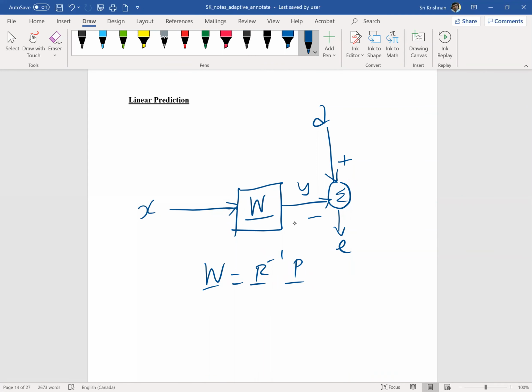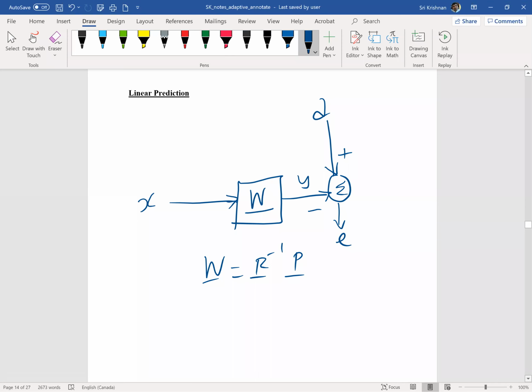One example we saw was removing the mother's ECG from the fetal ECG, which could also be expanded to other domains of physiological interference removal, mainly when the two signals have a significant overlap, both in the time domain as well as in the frequency or the spectral domain. So now using this concept, we can have other real interesting variations to what we have seen so far.